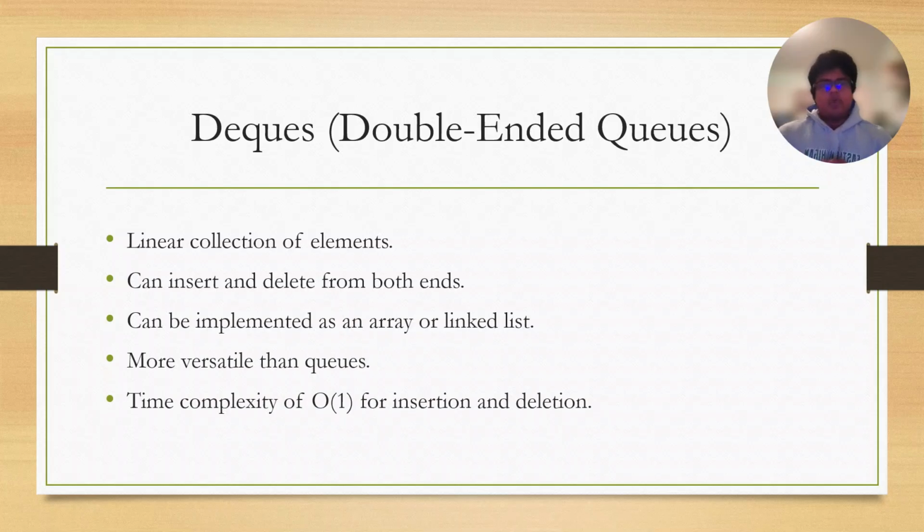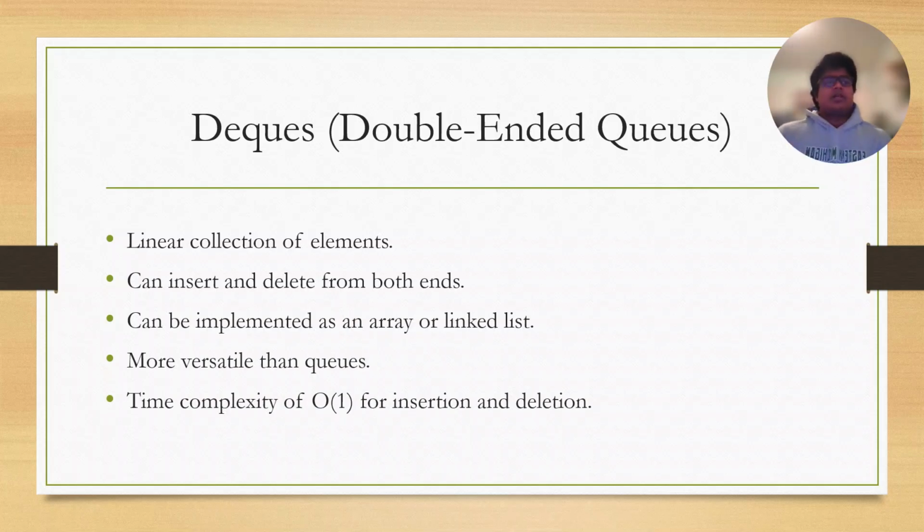So now let's go over double-ended queues. A double-ended queue is a linear collection of elements, and the key feature of DQs is that you can insert and delete from both ends.